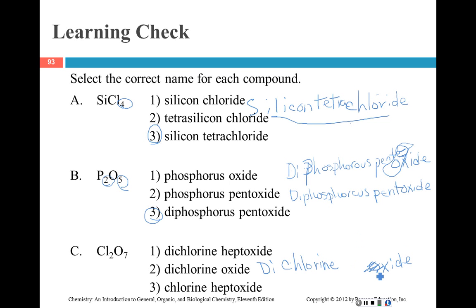I'm going to take the A out, one of the 2, right? Hepta. Well the A is first, so we take that one out. So that becomes heptoxide. And we just do that because it's hard to say heptaoxide. So it's dichlorine heptoxide, and so that would be number 1.